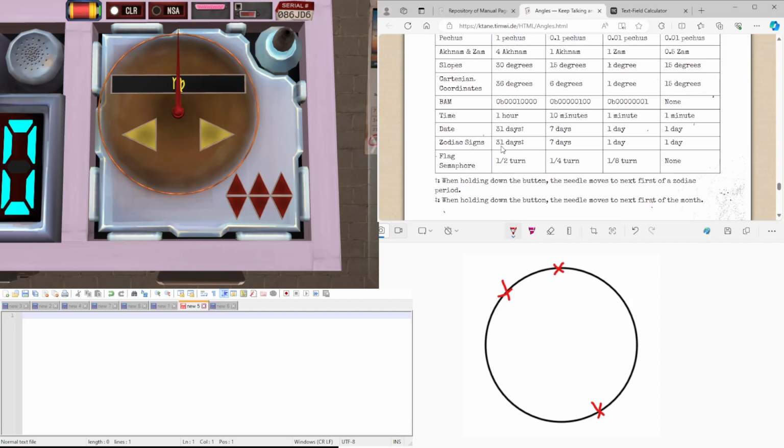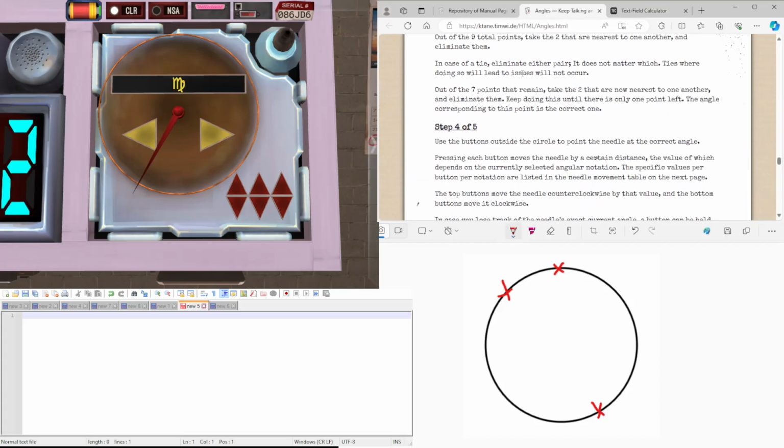So we are currently on January. So we need to go February, March, April, May, June, July, August. And then we need to go 22 more from that.